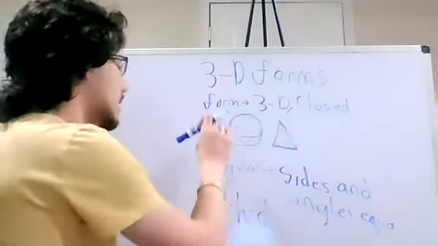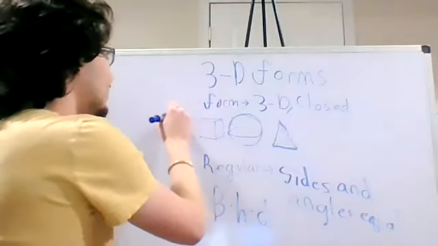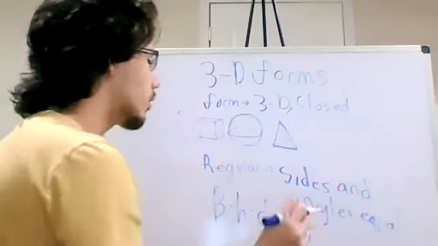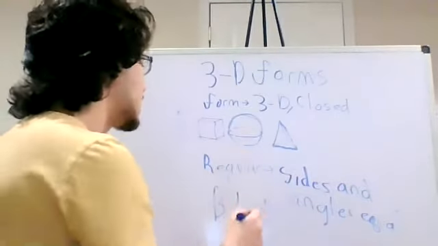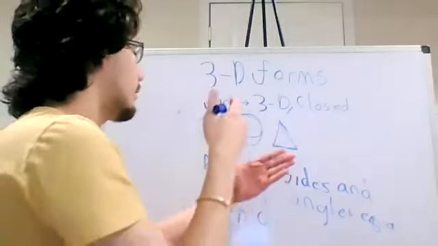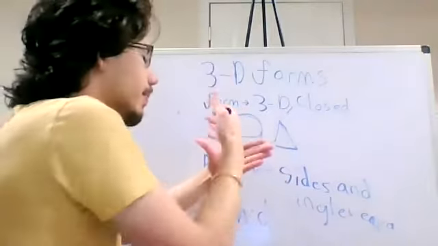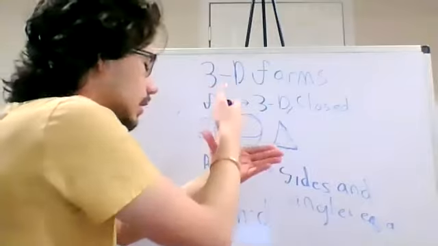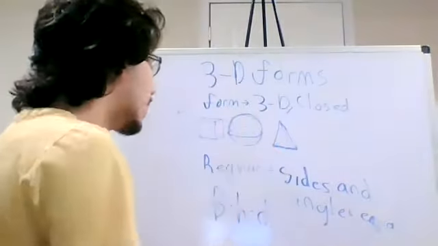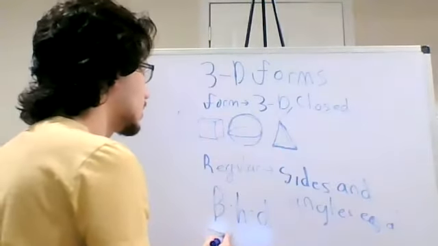Now the height is simple. All forms have the same height. The depth refers to how far into the page that the form goes. But the base is important.